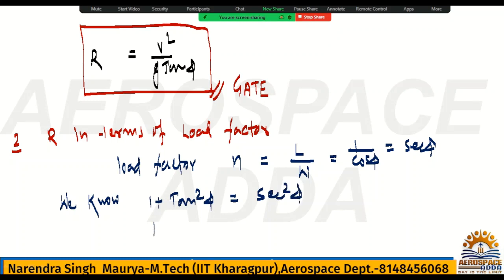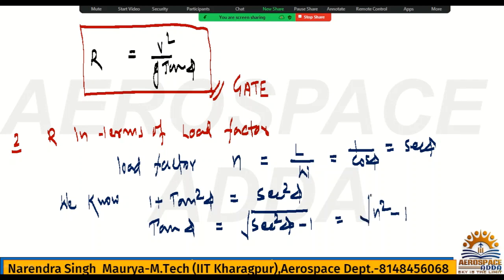Yes or no? What is tan phi then? Root of sec square phi minus 1. What is the sec square phi? Check, n is equal to sec phi. So sec square phi is n square minus 1? Yes or no? Because sec phi is nothing but n.